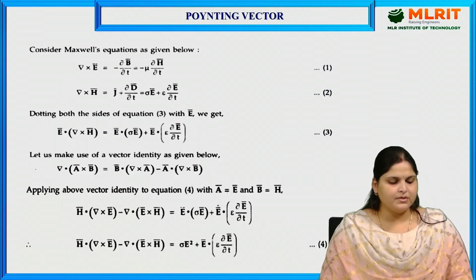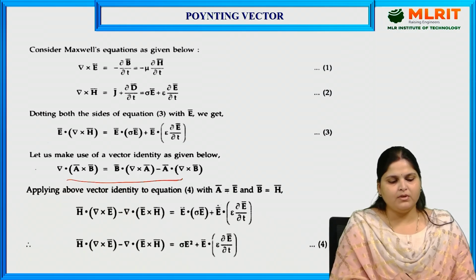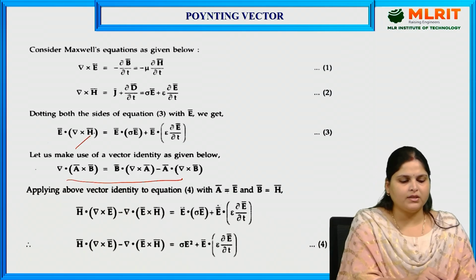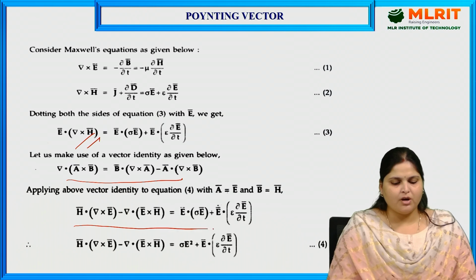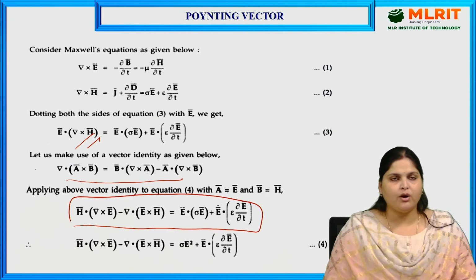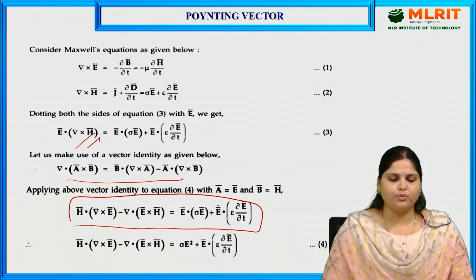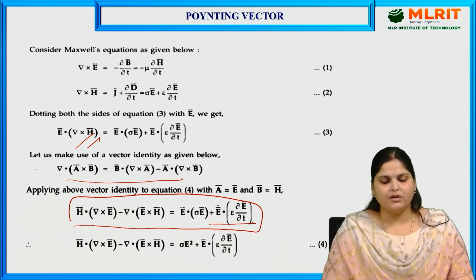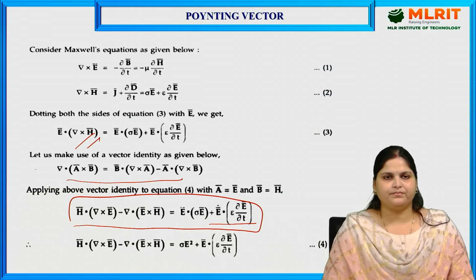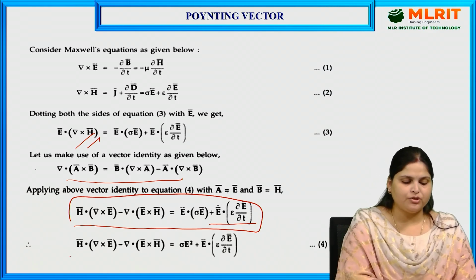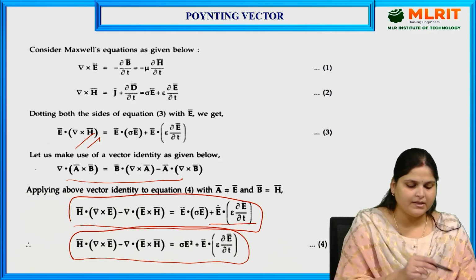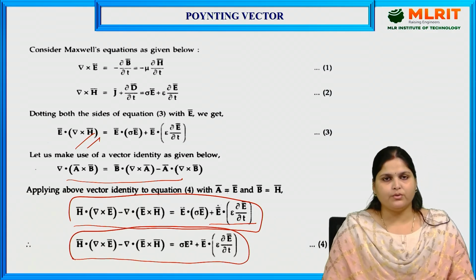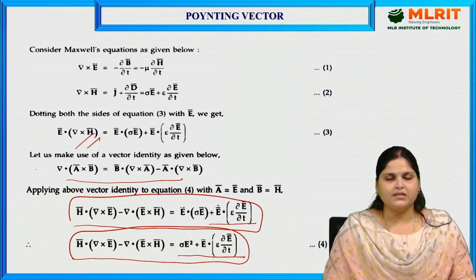So it becomes H dot del cross E minus del dot E cross H is equal to E dot sigma E plus E dot epsilon dou E by dou t. Rearranging, H dot del cross E minus del dot E cross H is equal to sigma E square plus E dot epsilon dou E by dou t.